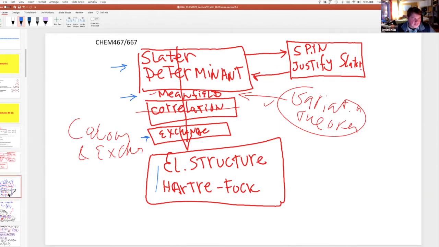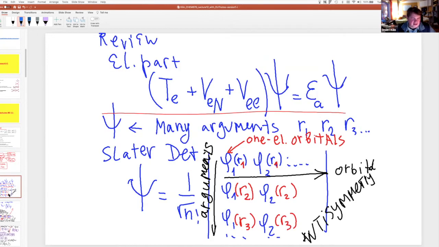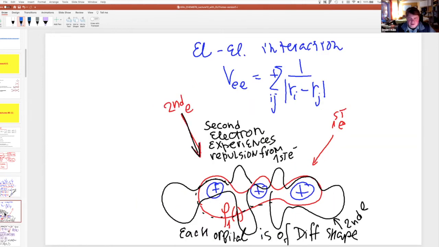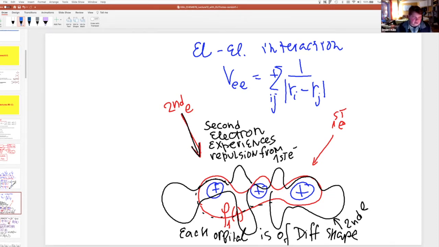We are composing a multi-electron function as a Slater determinant of single electron functions, and single electron wave functions, single electron orbitals, need to keep trace signatures of each other through electron-electron interaction.